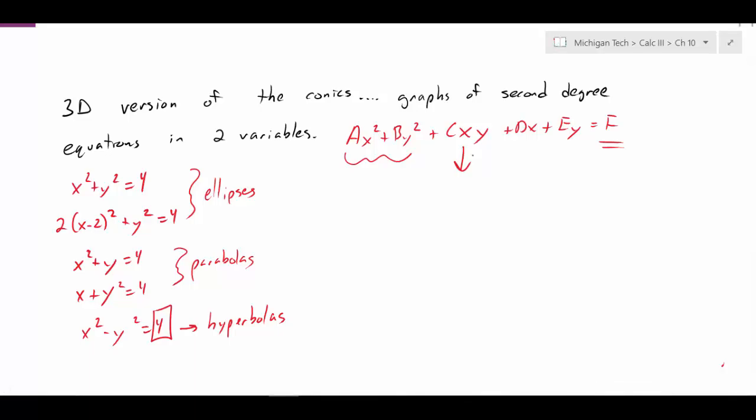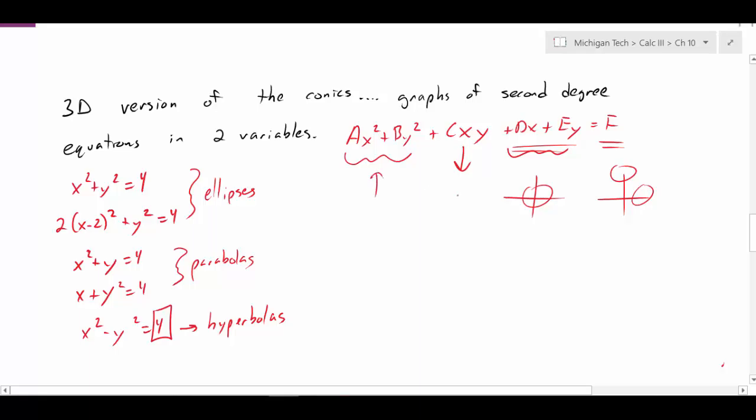It's going to change the orientation of my curve a little bit. Now, the values over here, all these are going to do is give either vertical or horizontal shifts. So when I add these x and y terms, it will just take my circle, for instance, and shift it in one direction over here, or maybe up here. So really, when I want to talk about which actual curve I'm working with, these are really the terms I'm looking at.